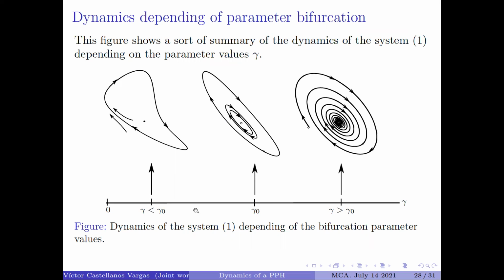To the left of this number, we have an attracting limit cycle, and for gamma greater than gamma 0, we have an equilibrium point that is locally stable. In both cases, we have the coexistence of the populations: the pollinator, plant, and herbivore.